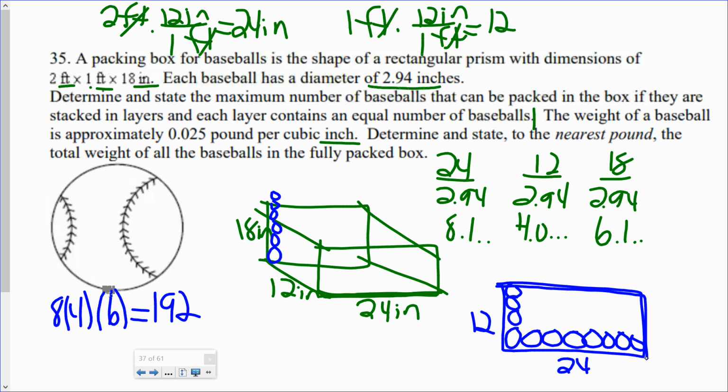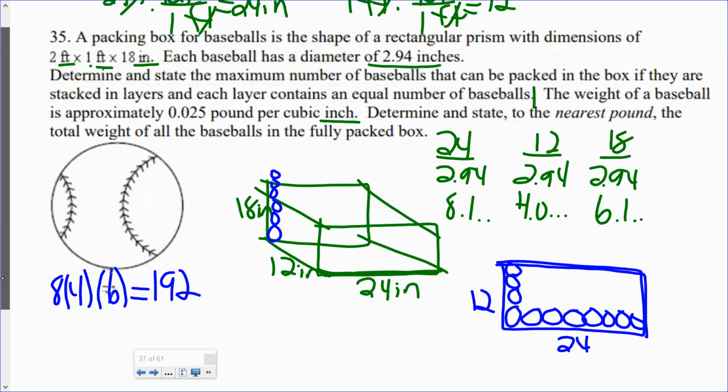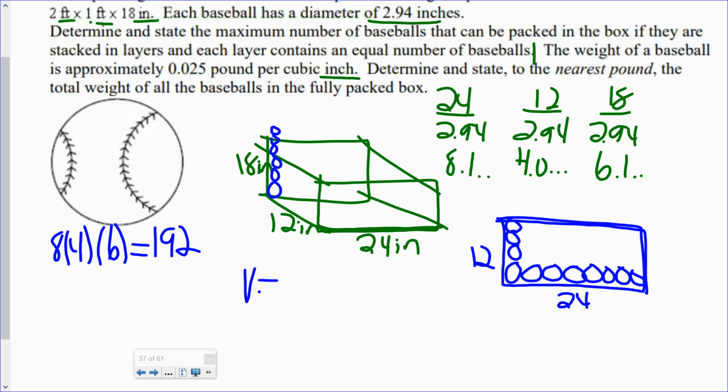Now, again, I know I'm going to have to do volume. So now that I did all that, it wants to know the weight. Before I can do weight, I got to start with volume. So baseballs are spheres, so it's V equals 4/3 pi r cubed. 4/3 pi, the radius is half of the diameter, so I'm going to cheat off of my sheet here, 1.47.